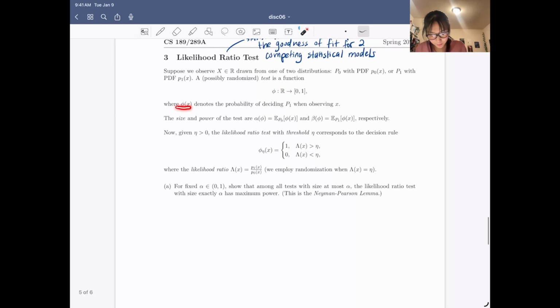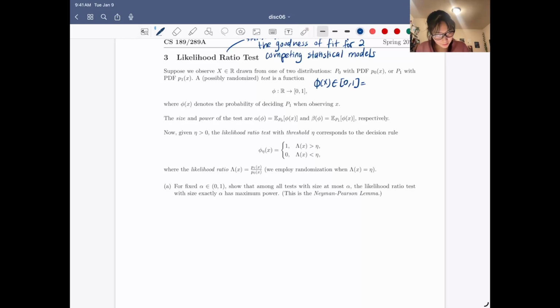It says that phi of x denotes the probability of deciding P1 when observing x. So let me rephrase that slightly. We have some function, phi of x. It outputs numbers between 0 and 1.